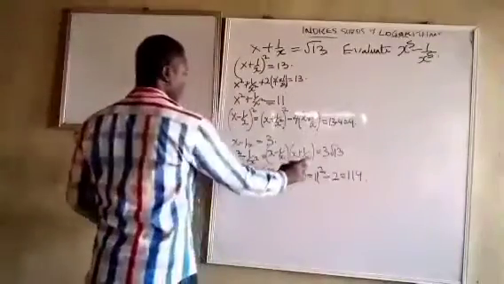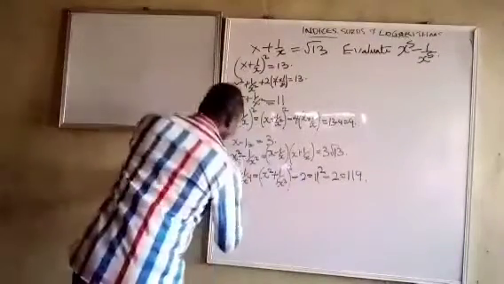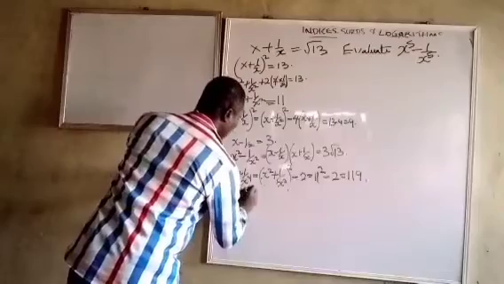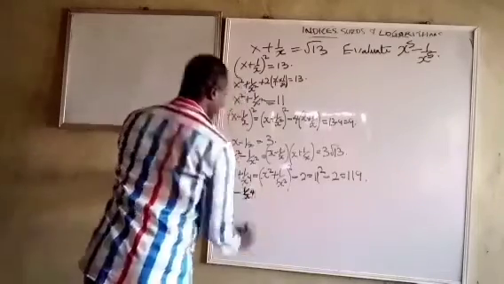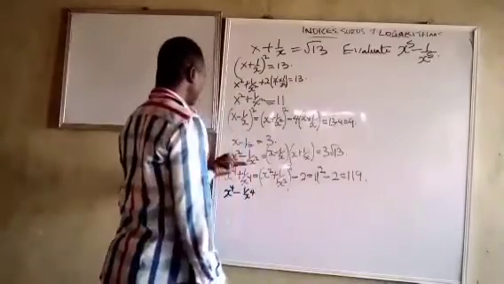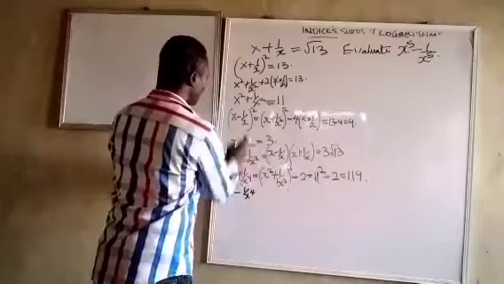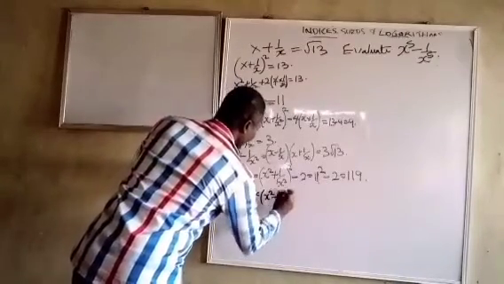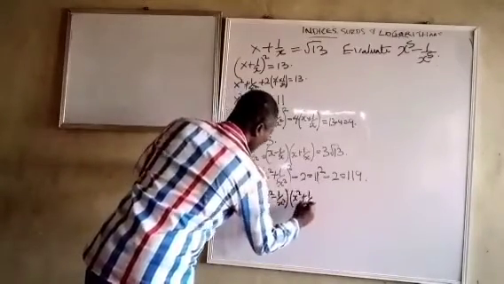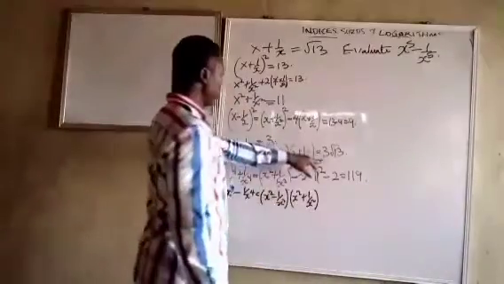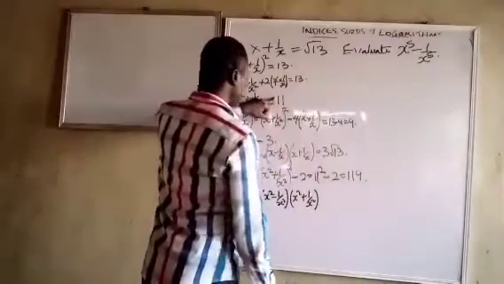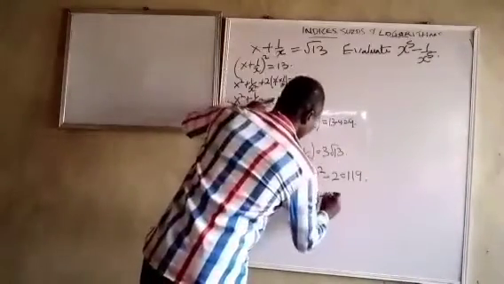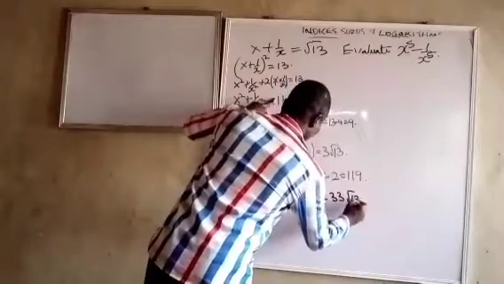That is 119. In the same way, we can get our x raised to the power 4 minus 1 over x raised to the power 4. How do we do that? We multiply this one by this one. That is (x squared minus 1 over x squared) into (x squared plus 1 over x squared). And what does that give us? 3 root 13 times 11. That is 33 root 13.